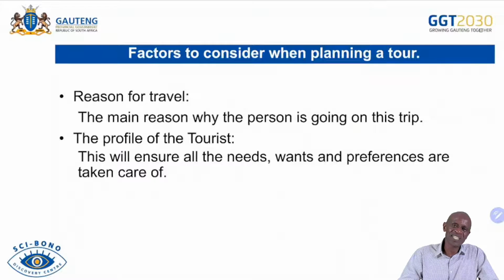So during Easter vacations, I will visit KwaZulu Natal just to see my parents. So there must be a reason for travel. I've worked so much this year and I want to take a break. So for every travel arrangement, there must be a reason behind.